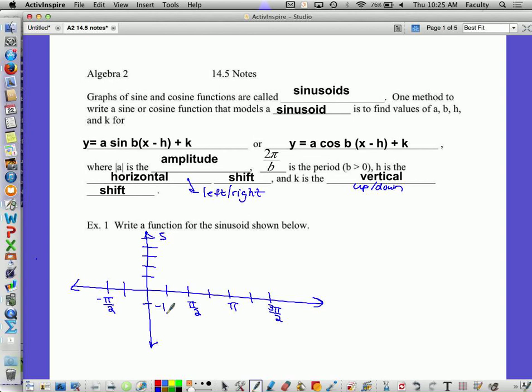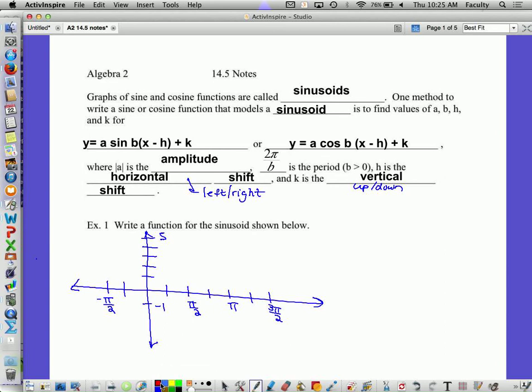Okay, so I'm going to give you a moment just to get the grid, and then we'll start plotting. So what would be the value of each tick mark? Pi over 4. Each tick mark is really a distance of pi over 4.